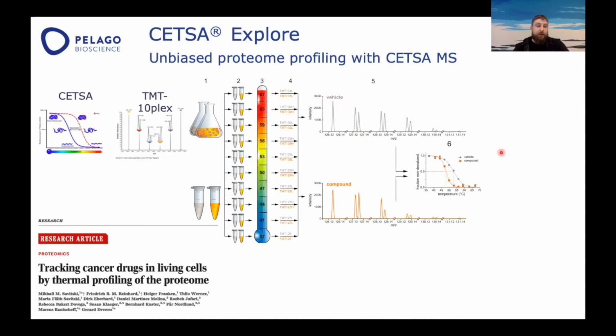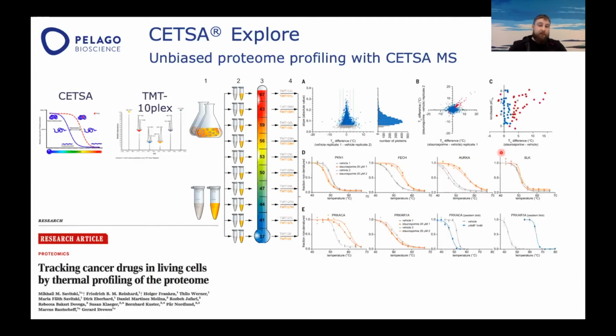And it was first published in 2014 using isobaric labeling to facilitate quantitation of multiple proteins in one go. And in that paper, the feasibility was shown, identifying both stabilized and destabilized proteins in one experiment.